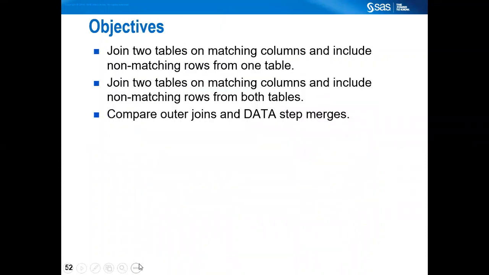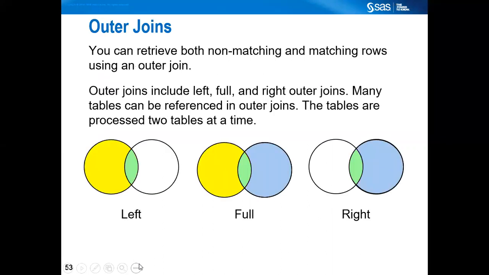So we'll understand here what is the join of 2 tables on non-matching columns and include non-matching rows from one table. We'll join 2 tables on matching columns and include non-matching rows from both the tables. And of course, we'll compare your outer joins and data step merges. There are 3 types of outer joins: left, full, and right.